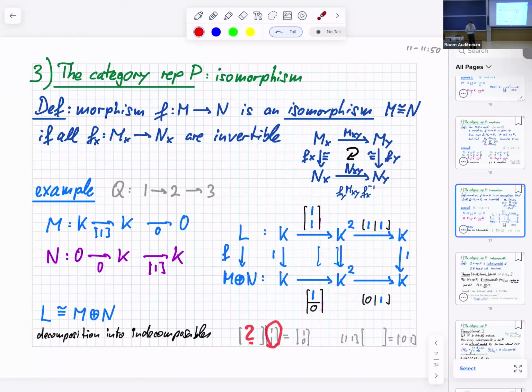So I give you that matrix 1, 1, and you want to do some row operations. I mean, you multiply with some invertible matrix from the left. You do row operations to obtain a matrix 1, 0. So what is the row operation that you would apply?